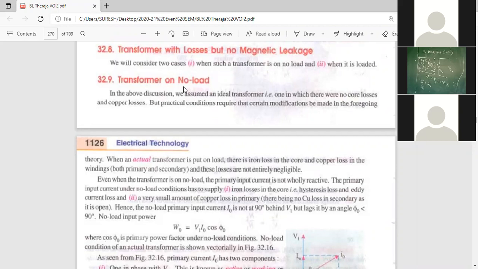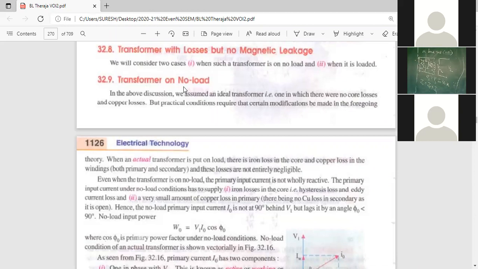Okay. Now apply KCL at this node point. If you apply KCL at this node point, I naught is equal to, incoming current is equal to outgoing currents. I naught is equal to IE plus IM.